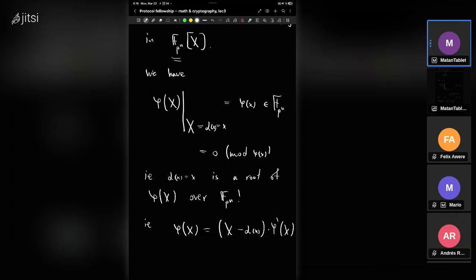It's kind of a magic. You can consider it as a meta trick. I didn't have a root of phi in the small field, and I extended it, and now in the bigger field I have a root. And so this is an insight that is very important for understanding finite fields.